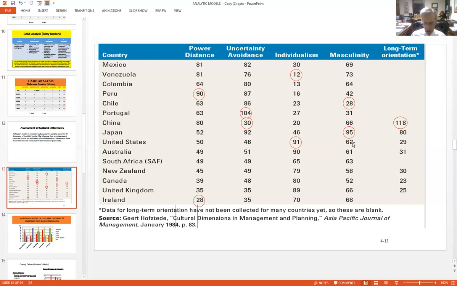And if asked questions, answer them, and no tension, because the power distance in those countries is really low.